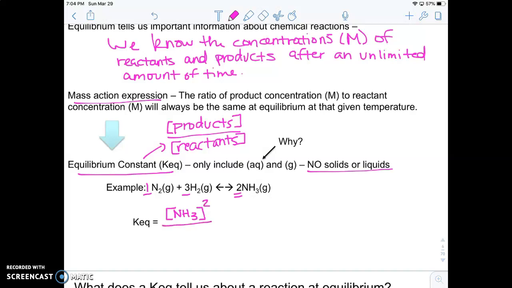On the bottom go the reactants. My first reactant is N2. I only have 1 mole of N2, so it doesn't need an exponent. I'm going to multiply that by my next reactant, which is H2. Because I have 3 moles of H2, this is going to get cubed. And that's going to be my equilibrium constant.